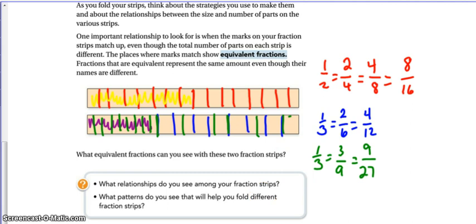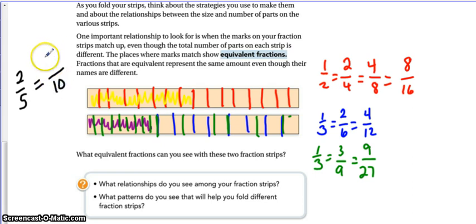All right, so the relationship here is whatever we multiply our numerator or denominator by to get the new equivalent numerator or denominator, we are also going to do the same to the other one.